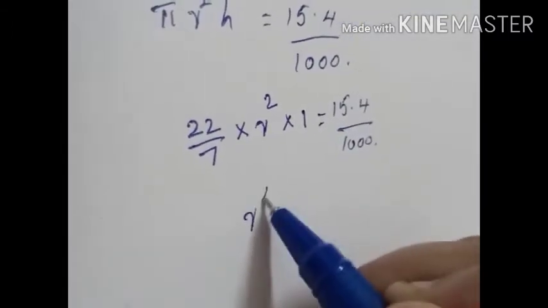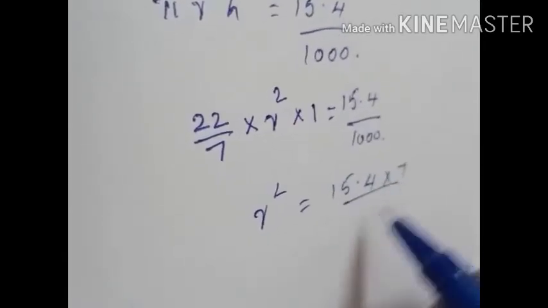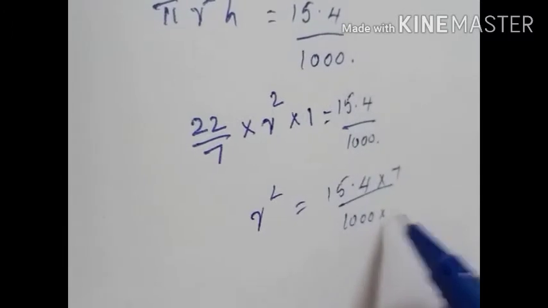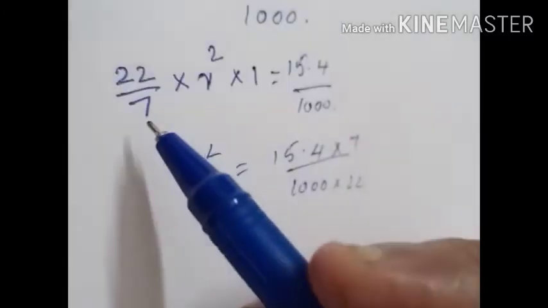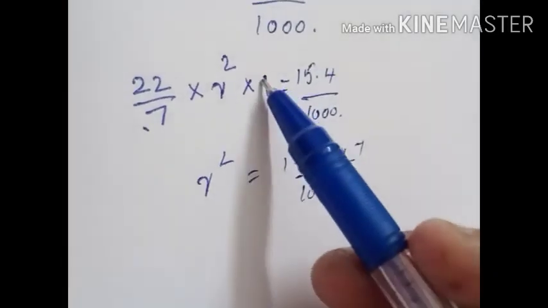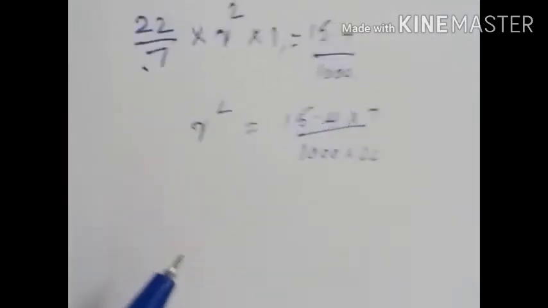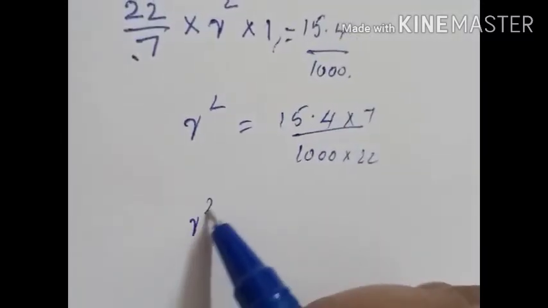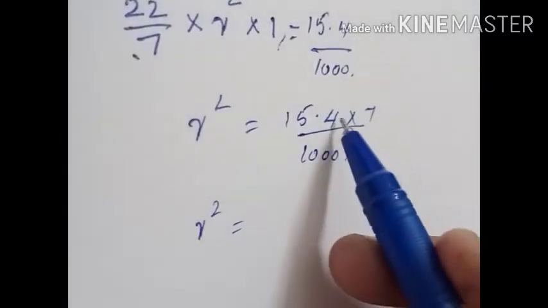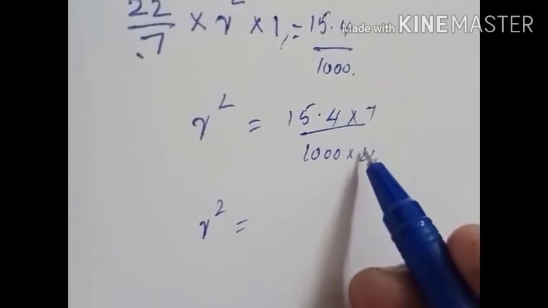Now r square equals 15.4 into 7 by 1000 into 22. When we transpose this to here, then it becomes 7 by 22. This one can be removed because into 1 means that itself. Then here r square is equal to 15.4 into 7 by 22. Here we can use the cutting method.